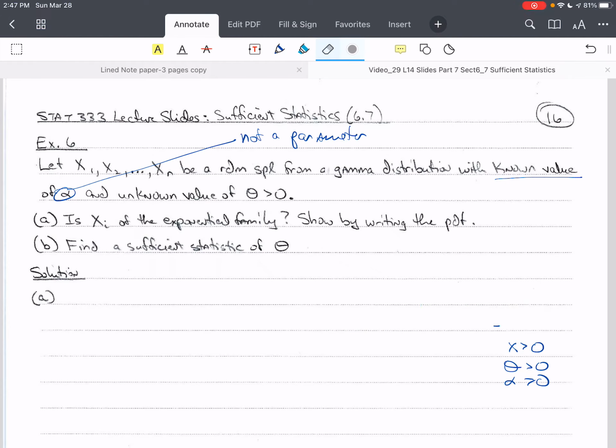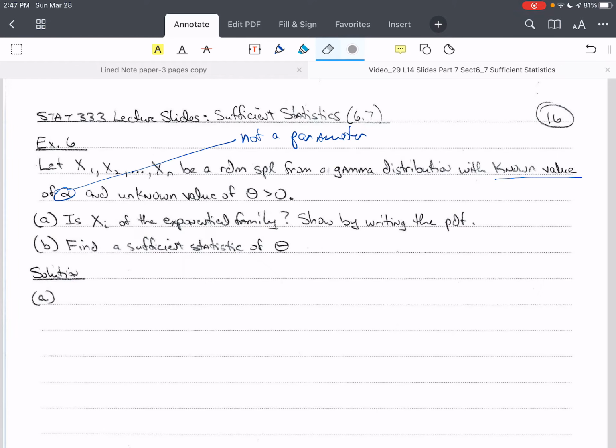And we want to know, is X sub i of the exponential family? We need to show this by writing the PDF. Then in part B, we're going to find a sufficient statistic for theta. So let's do part A here.